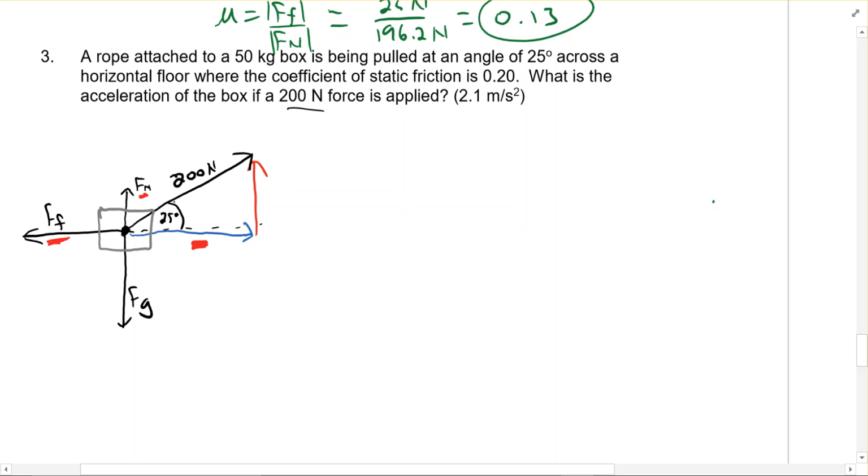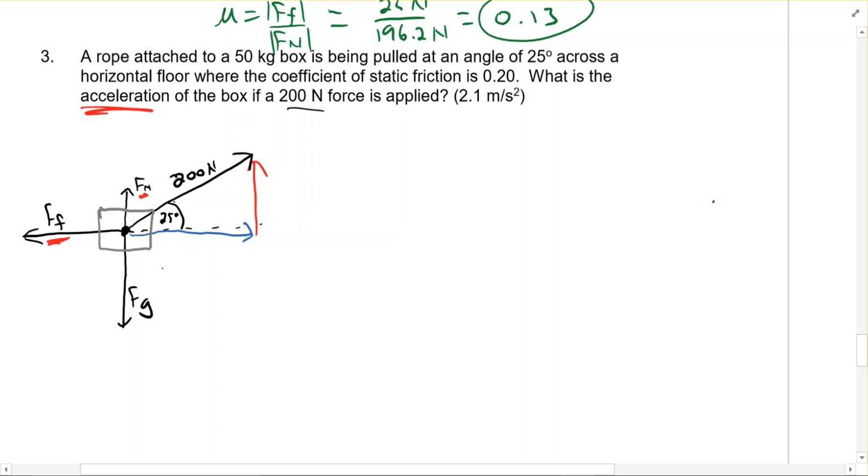The net force in the x direction is what we care about, because it's accelerating in the x direction. Once we know the net force, we can find our acceleration pretty easily, because force is equal to mass times acceleration. So that's the general trend of where we're going. What we've got to do is break this triangle into its components, so let's do that first.